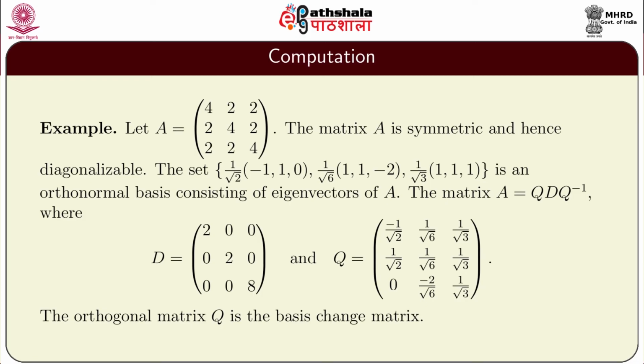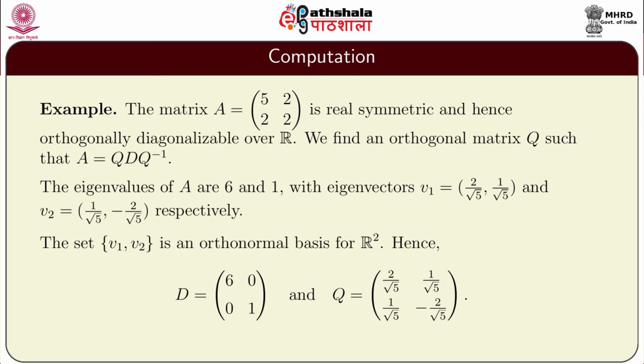Q is orthogonal, in fact the basis change matrix. And why is Q orthogonal? Because the columns are precisely the vectors appearing in that orthonormal basis.